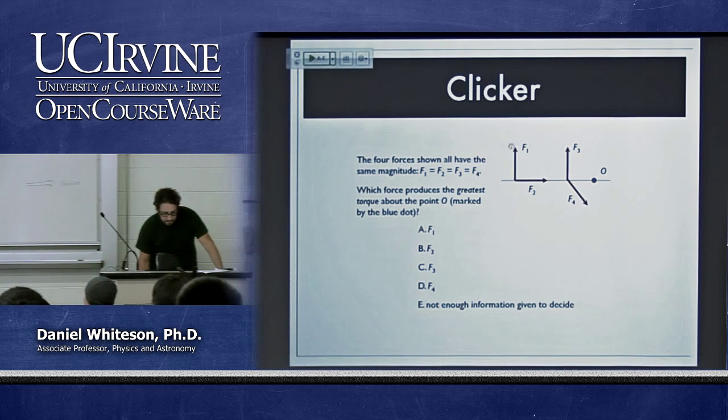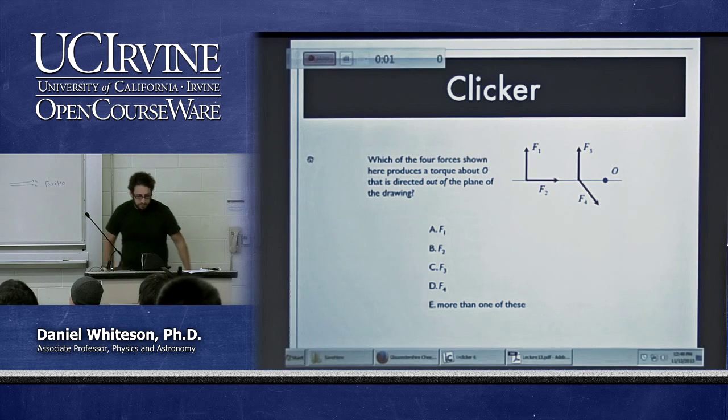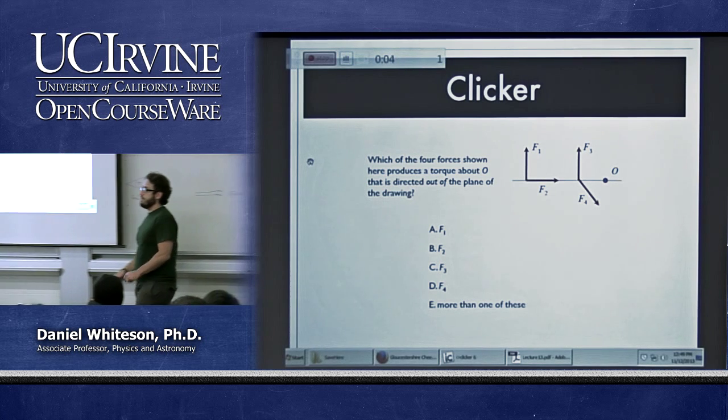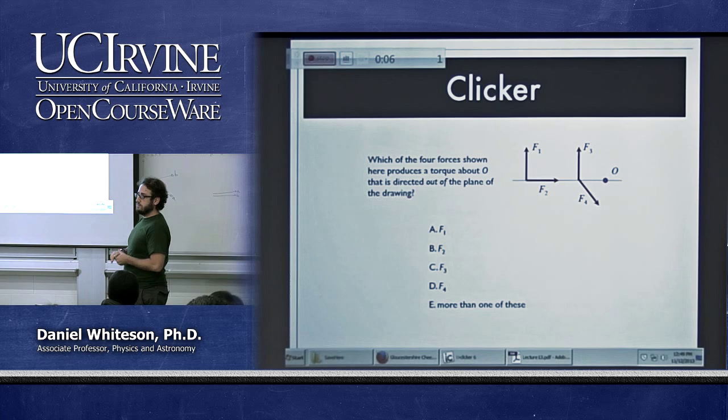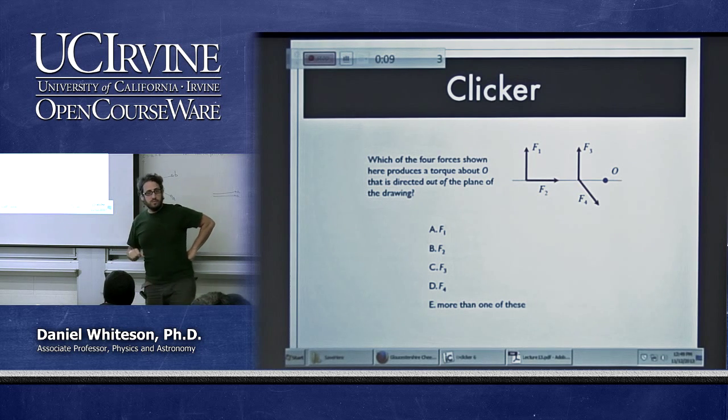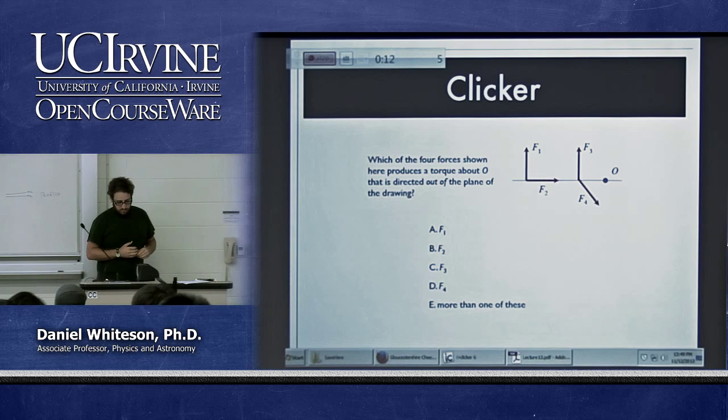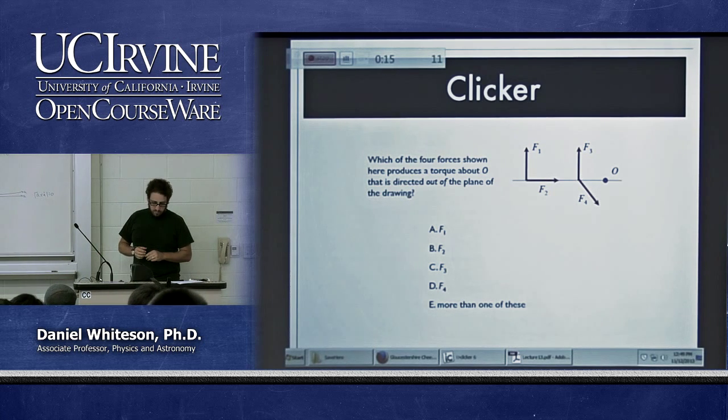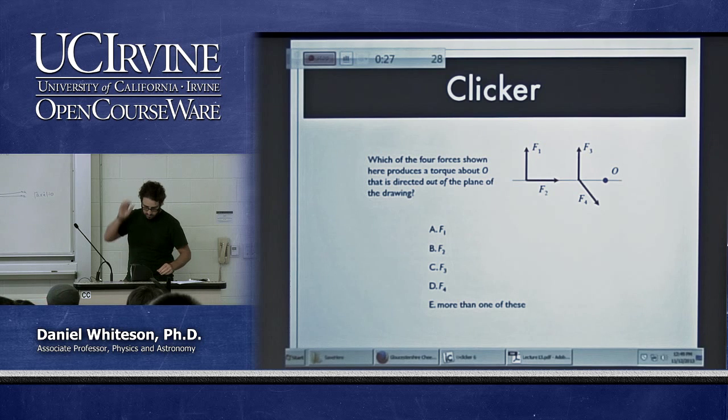All right. What about this one? Which of these four forces produces a torque about O that's directed out of the plane, so towards you? Use your right hands. Okay.